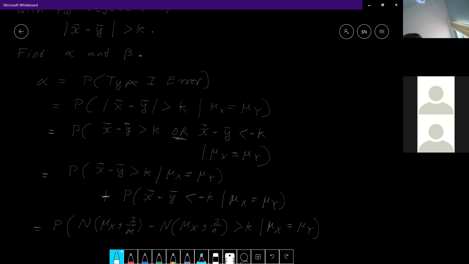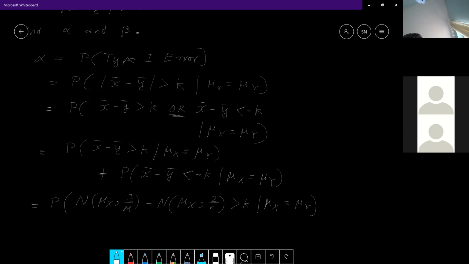Then plus the probability that normal with mu x, 1 over m, minus, sorry, this should be y, not x.